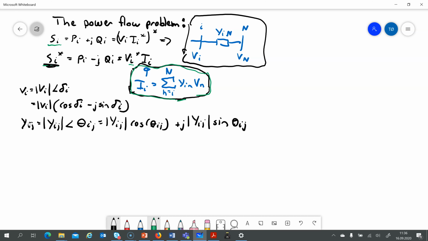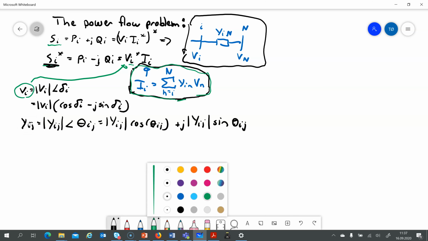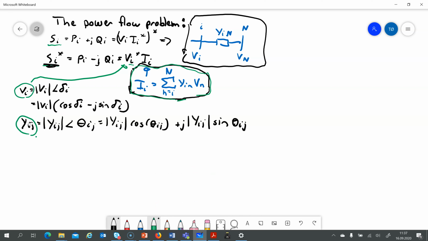So you can actually then insert the Vi expression in here, and this admittance in here, and then we can have the total summation: Si complex conjugate equals Pi minus jQi equals the sum, n equals 1 to n.